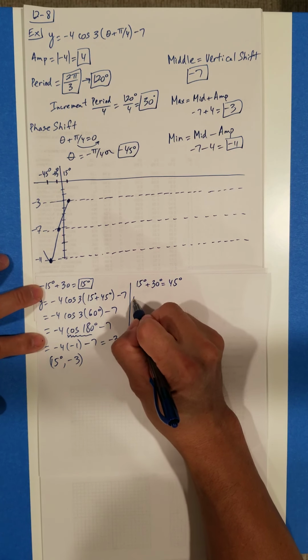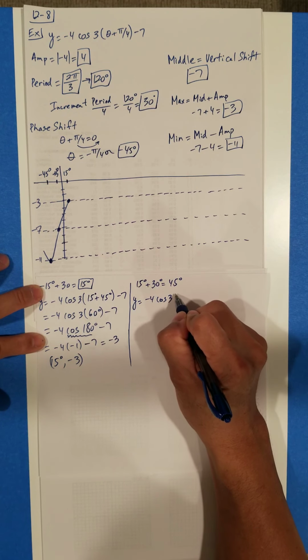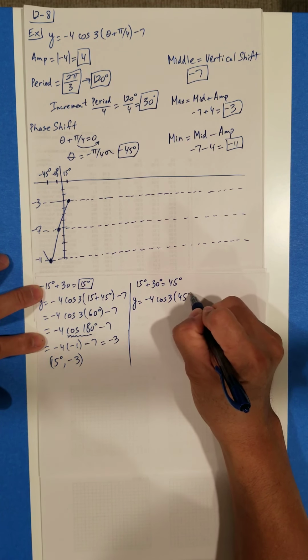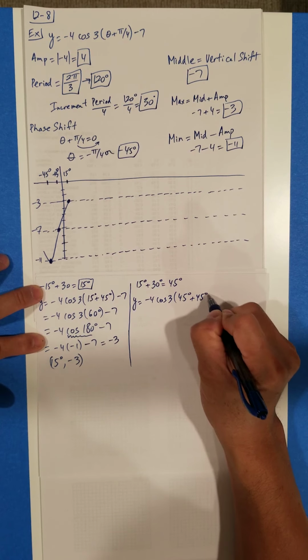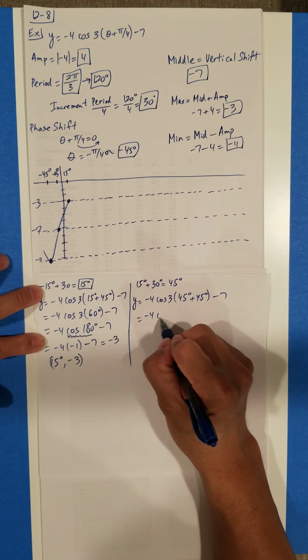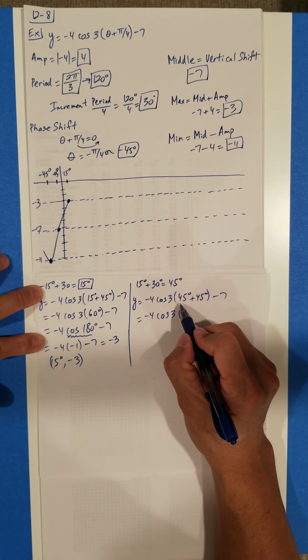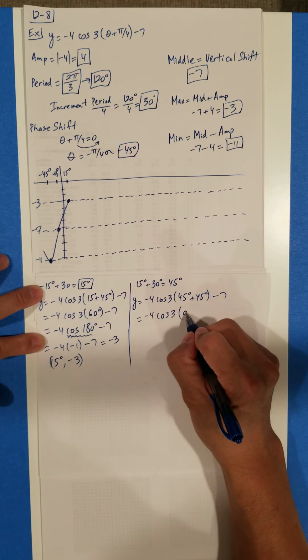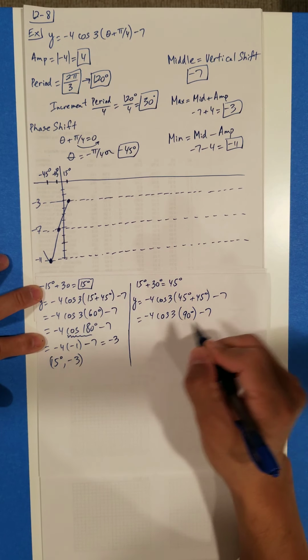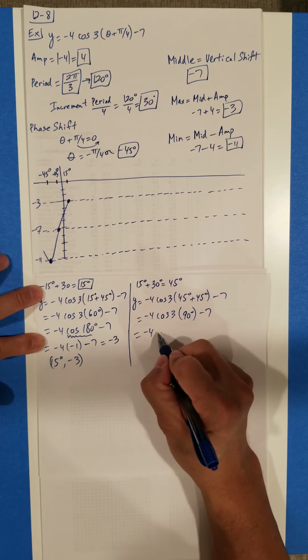Okay, let's plug that in. Y equals negative 4 cosine 3 times (45 plus 45) minus 7. Now 45 plus 45 is 90. We know that. Minus 7. Negative 4 cosine of 3 times 90.